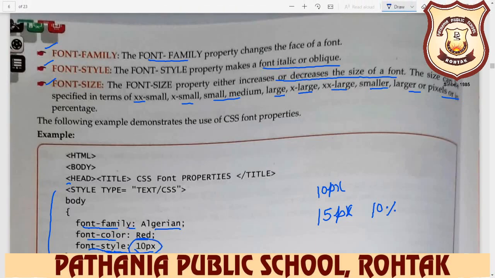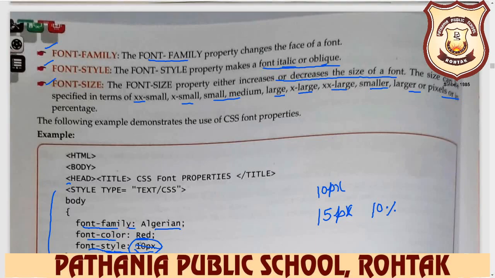Instead of style, you use size here. And if you write the style, then the proper style property values are italic or oblique. If you write 10 pixels here, then you change the property and write the size property here. Clear?